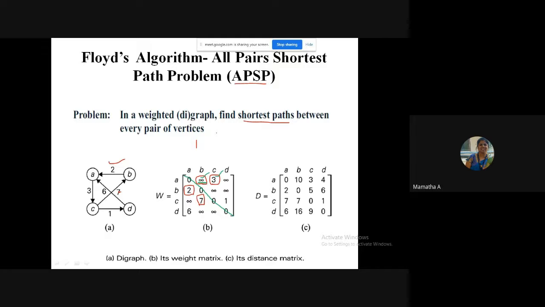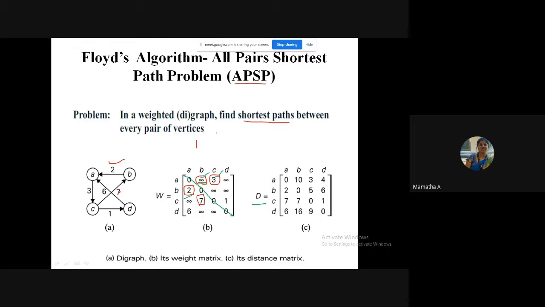Now, as I'm finding the shortest path between pairs of vertices, I will use the name D. Just observe the differences.